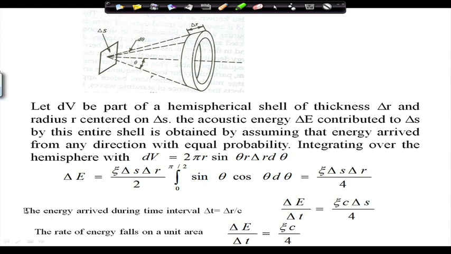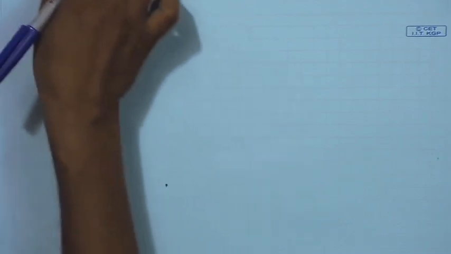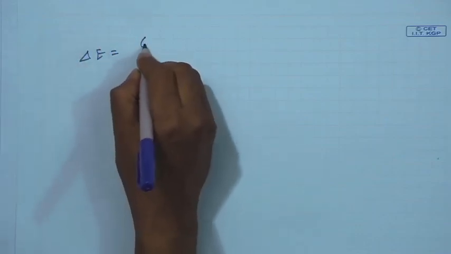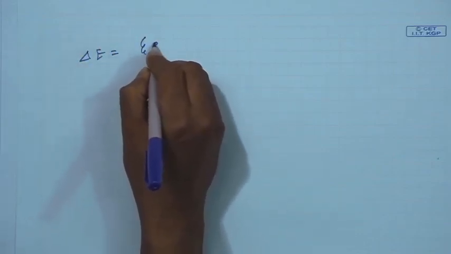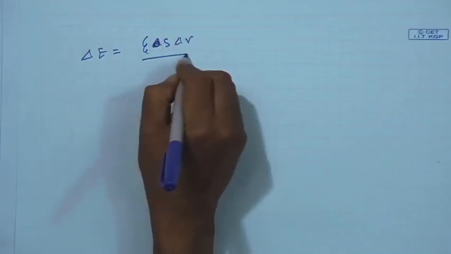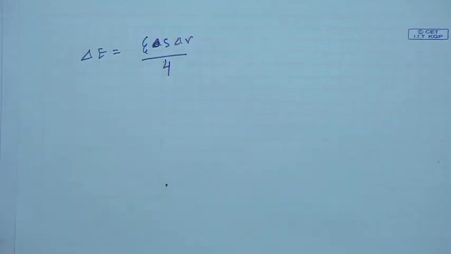Okay. So, the energy arrived during the time interval. What I get is del E, the energy contributing on the surface del S, the total energy by all reflections, which is nothing but psi del S del r divided by 4.